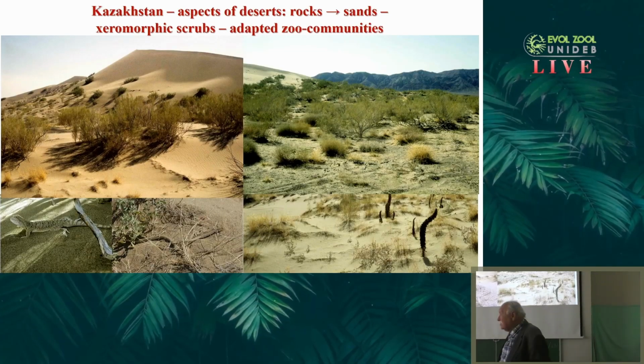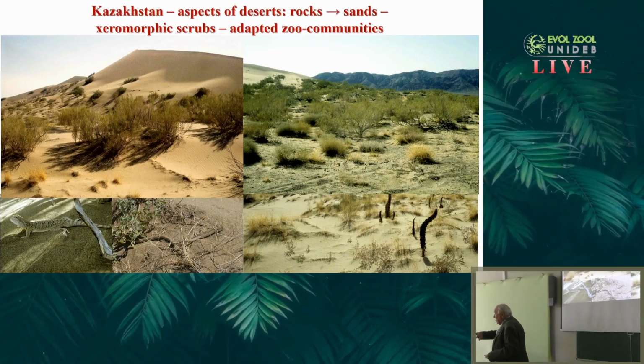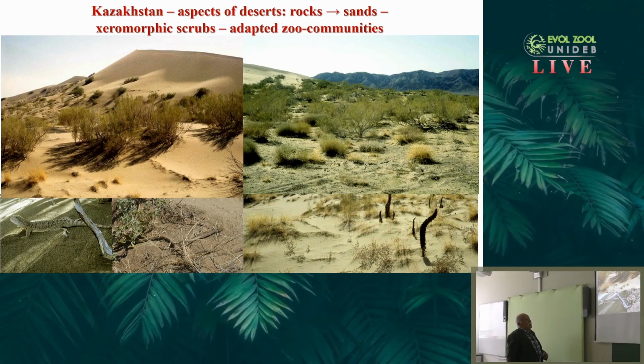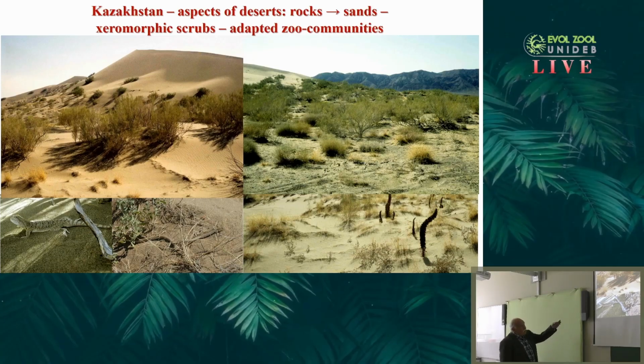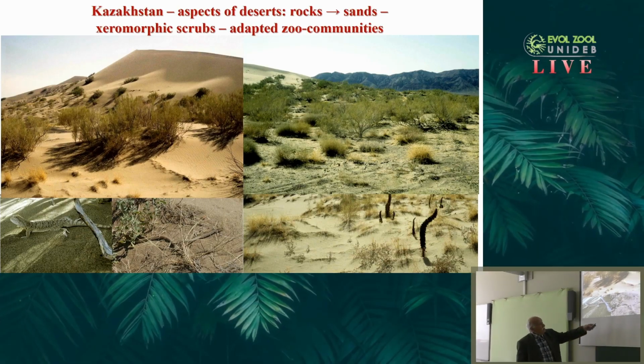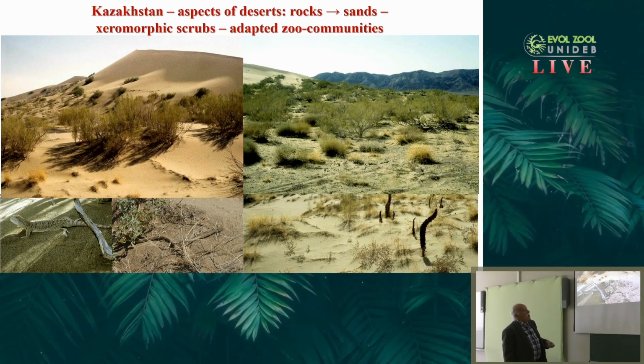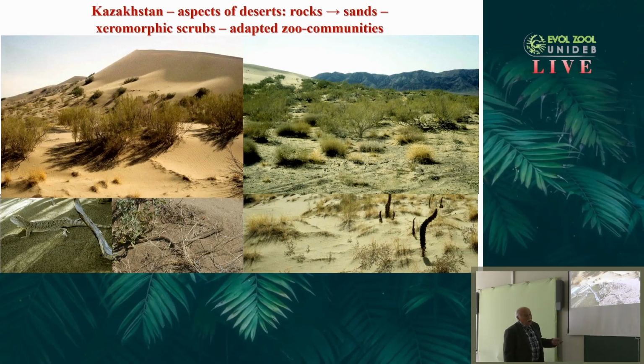The lowland deserts are usually surrounded by mountains, and the precipitation falls mostly in these mountain areas, and the sandy and stony deserts are extremely dry and covered only by very scarce scrubby vegetation, with such animals as, for example, this agama or some viper species which occur in this area, and of course the prey animals are mostly rodents.